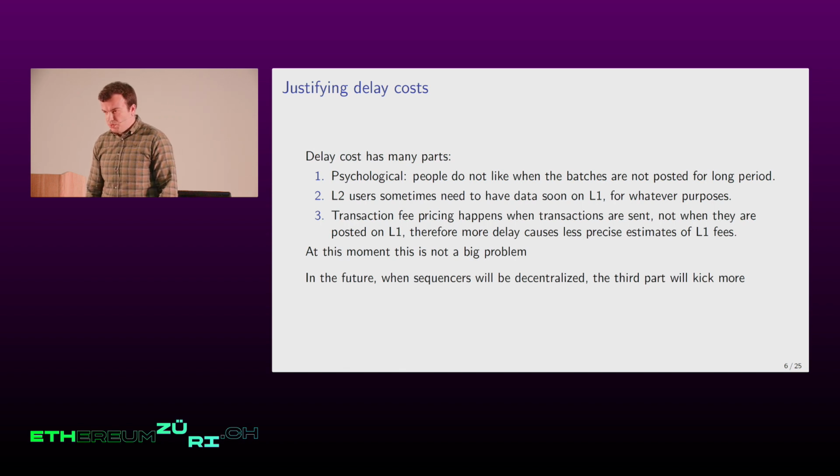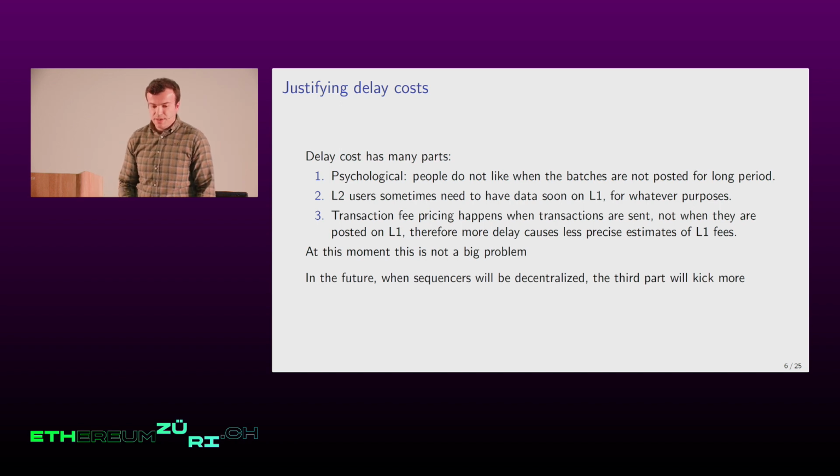And the third part, which is not very relevant at the moment because the sequencer acts in the interest of the rollup, is the pricing of the transaction and compensating the sequencer for posting on Ethereum, on the base layer. The further the delay, the harder the mechanism to compensate becomes. So that's the further justification of the delay cost.